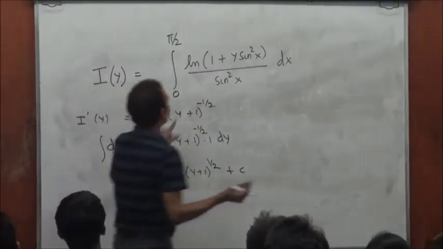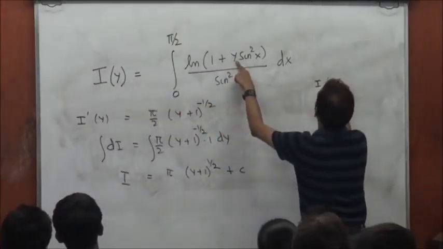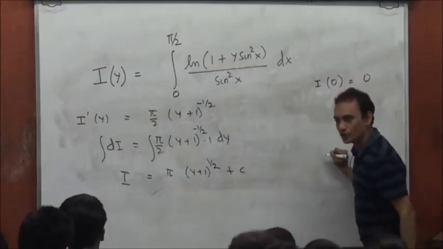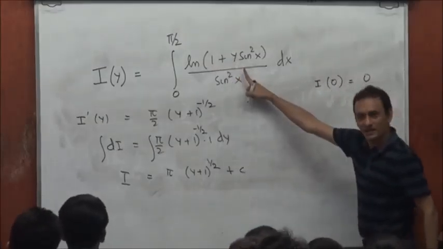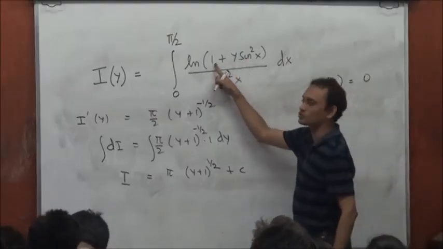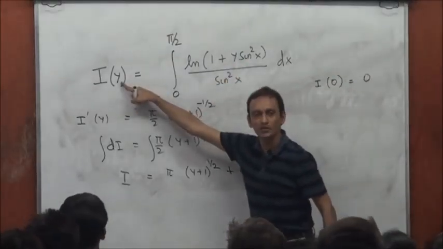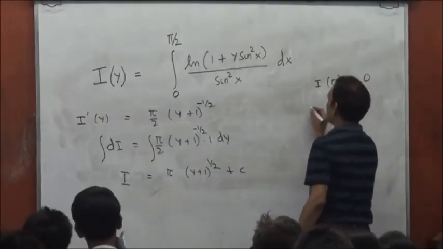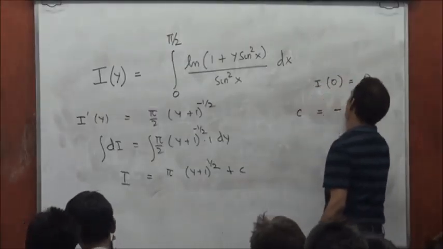Right? Very clearly, when y is 0, this will become log 1. So I at y equal to 0 is 0. From the original integral, if you plug in y equal to 0, this will become log 1. So I at y equal to 0 is 0. So very clearly c will then become equal to minus pi.